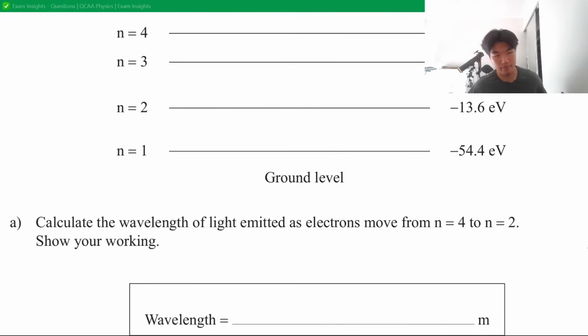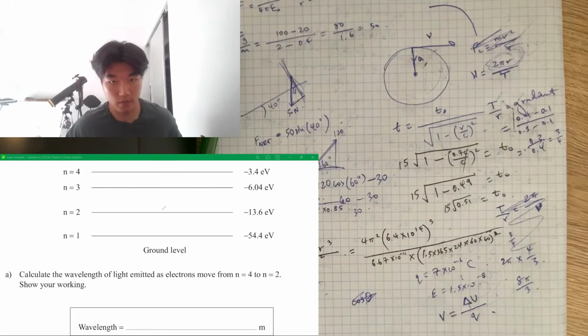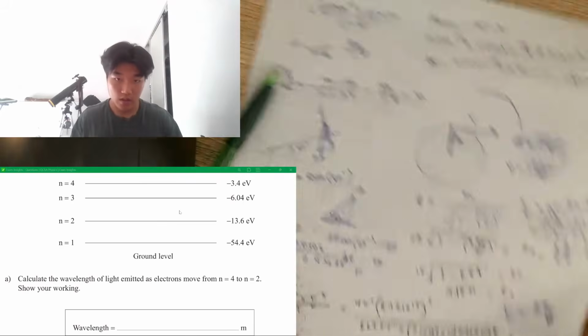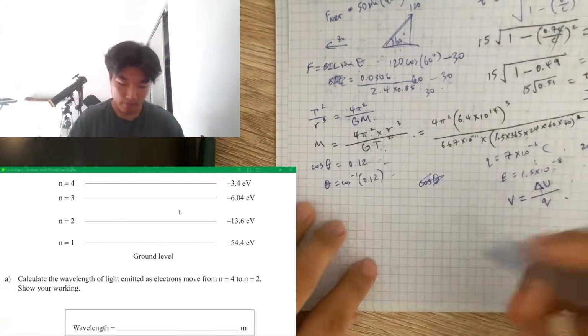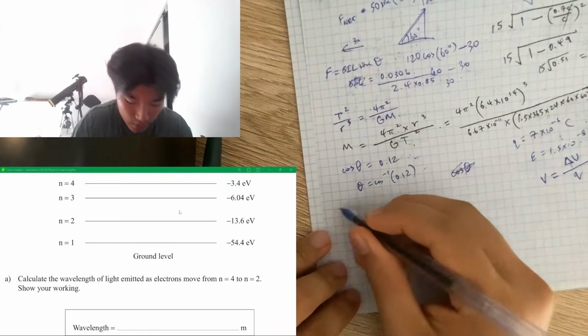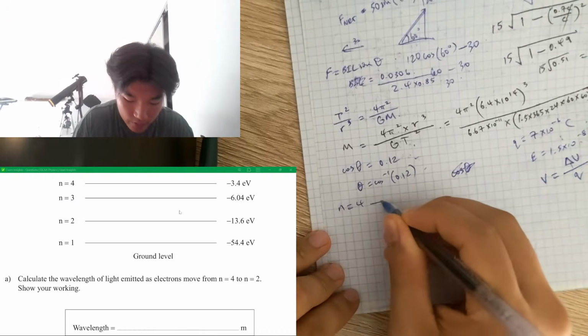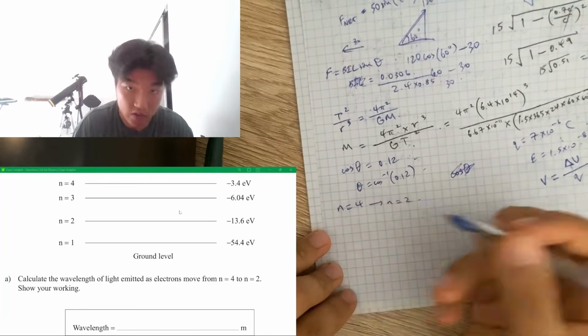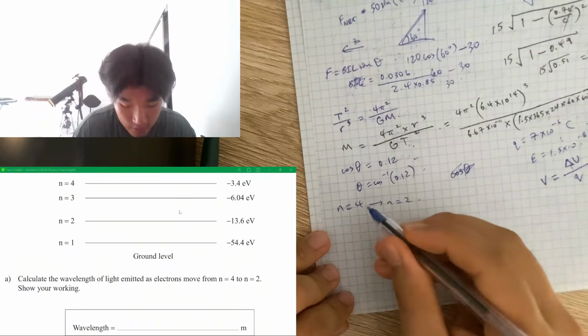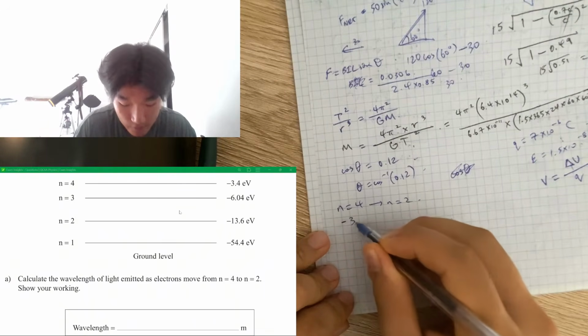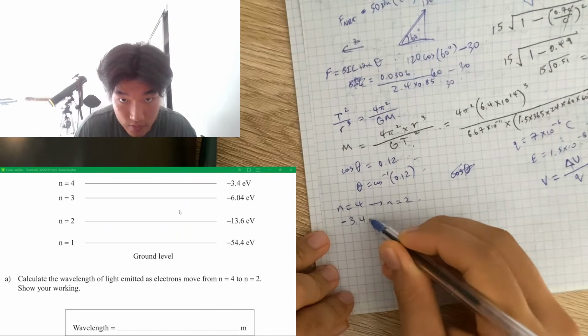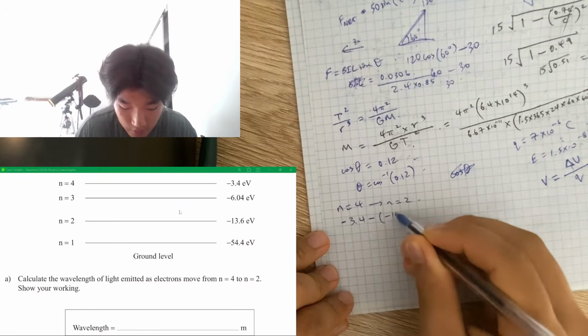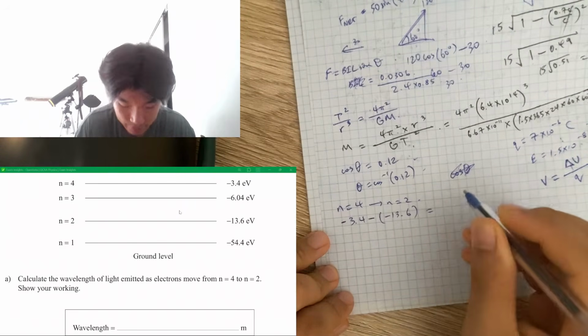Let's see. So, what do you have? If we go from n equals 4 to n equals 2, what's the change in energy? So it goes from negative 3.4 electron volts, then we minus negative 13.6.